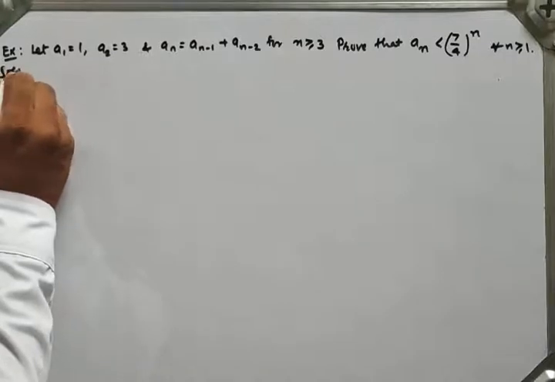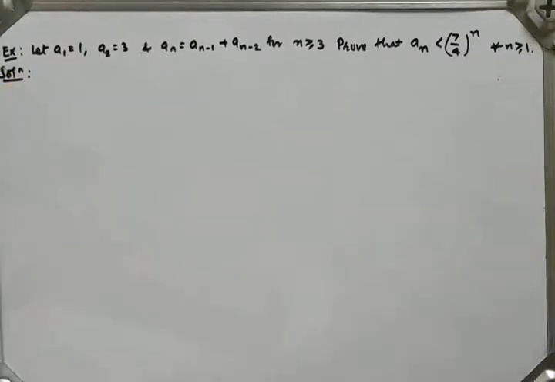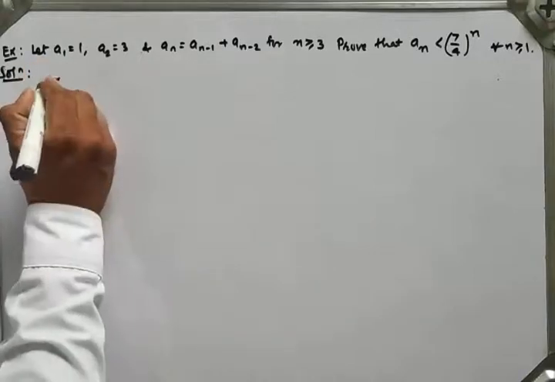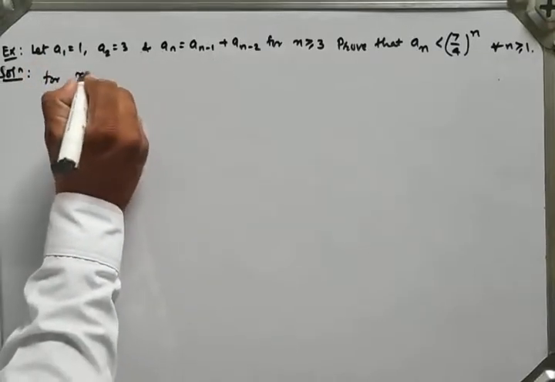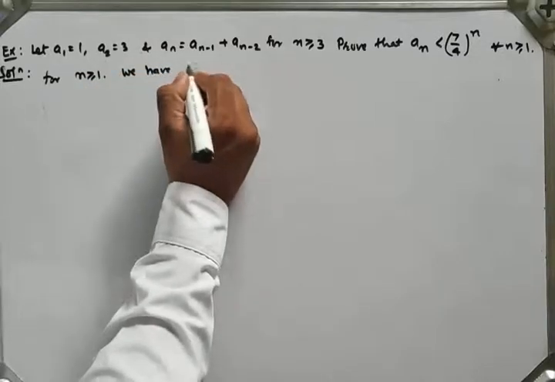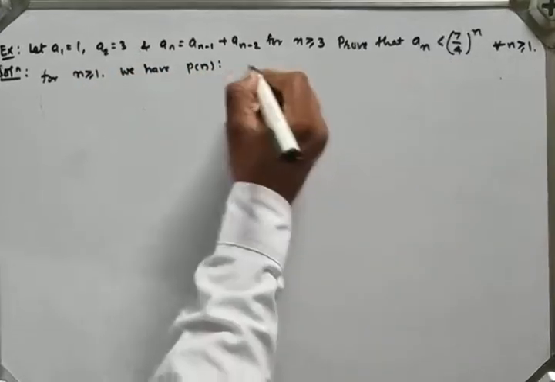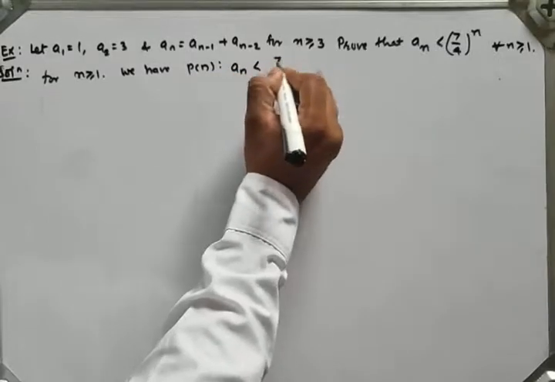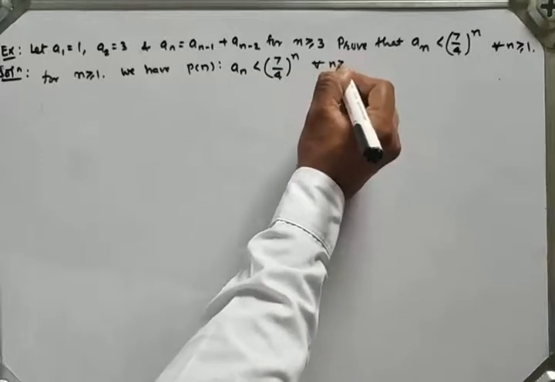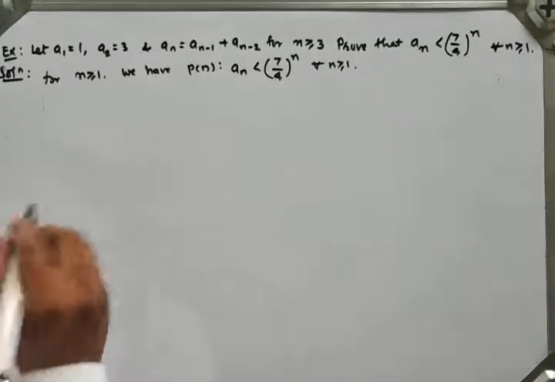Solution. For n greater than or equal to 1, we have P(n), the statement a_n less than (7/4)^n for all n greater than or equal to 1.